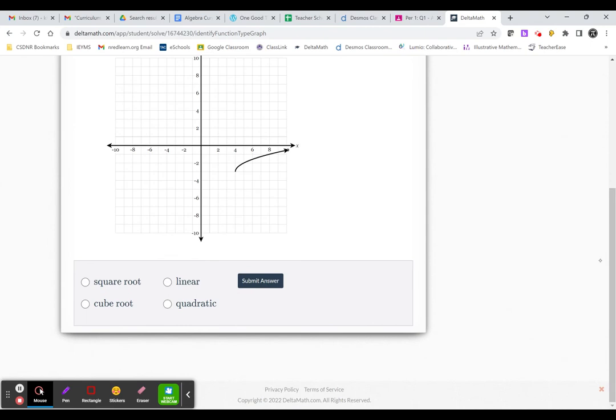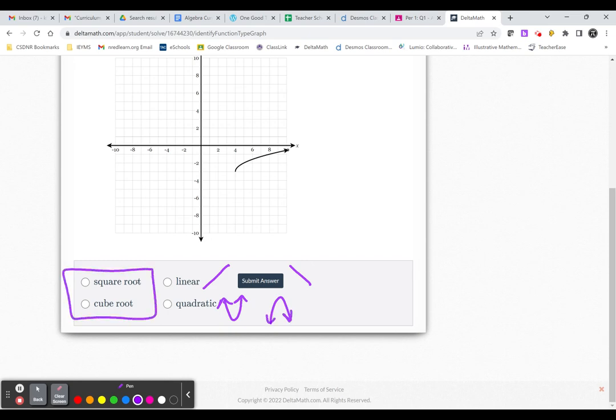This wasn't one of the choices last time. So this time I see two new choices. Remember, linear is always straight and quadratic is always a U, right? So linear is constantly straight, up or down, and quadratic is always U. So here are the two other ones. The cube root, it's a little curvy, like this or like this.